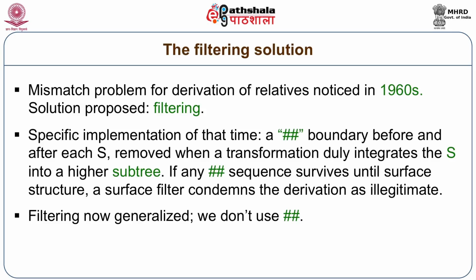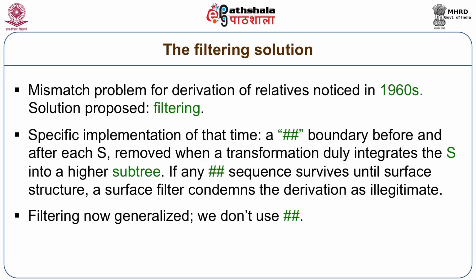The proposal for filtering was that when there is a transformation integrating a sentence into a higher sentence that embeds it, then that transformation, in addition to doing its own basic work, deletes these sentence boundaries in the embedded sentence, or rather on both sides of the embedded sentence.